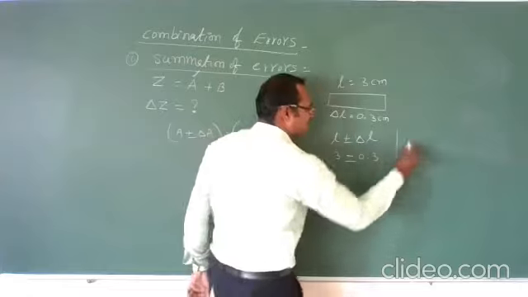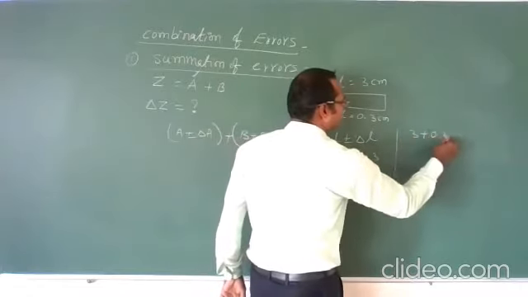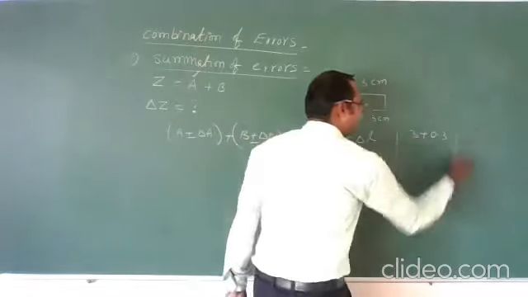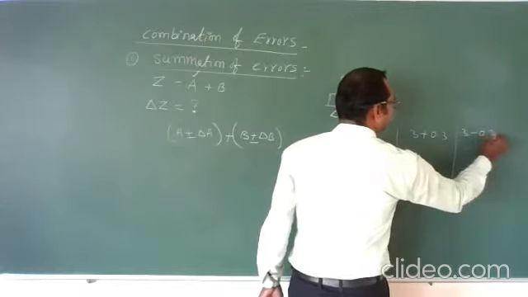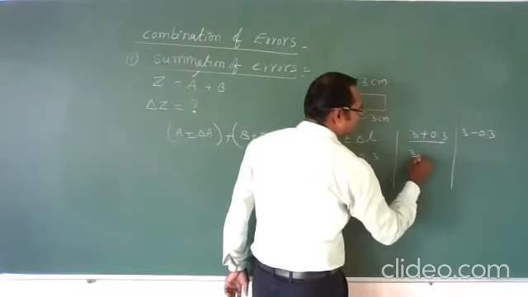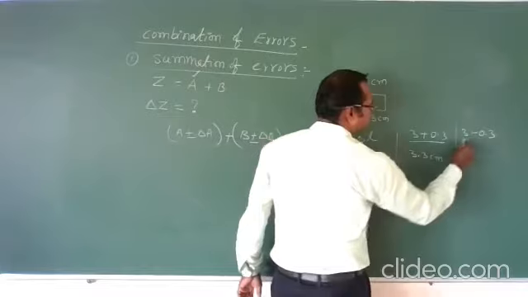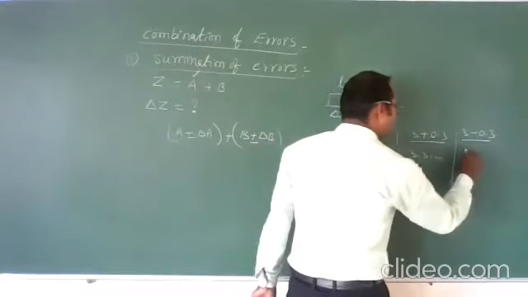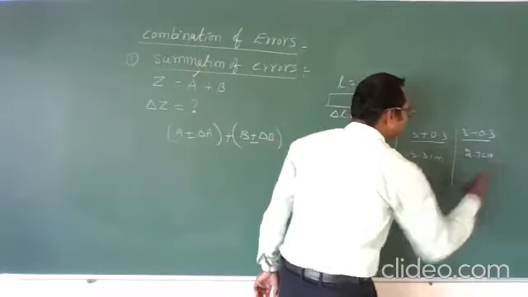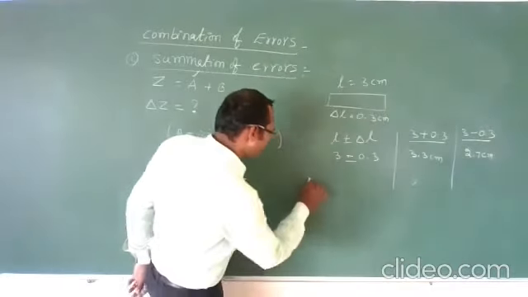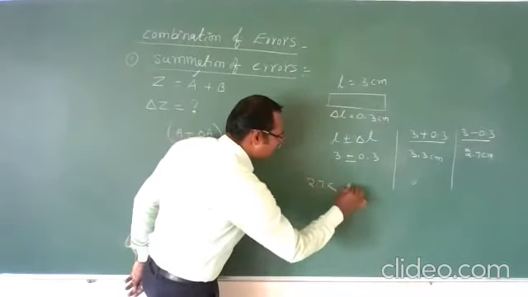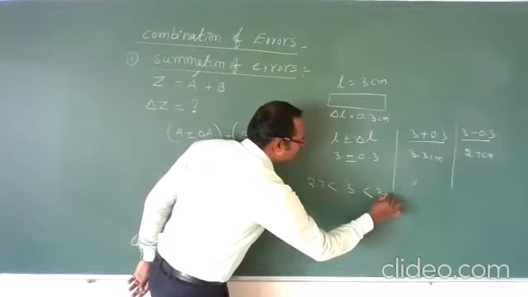One time you take plus, 3 plus 0.3, and one time you take minus, 3 minus 0.3. 3 plus 0.3 is 3.3 centimeters, and 3 minus 0.3 is 2.7 centimeters. That means 2.7 is less than 3, which is less than 3.3.